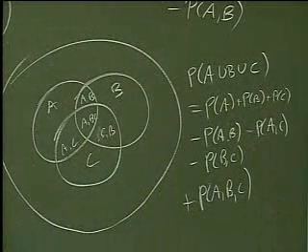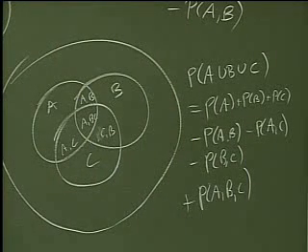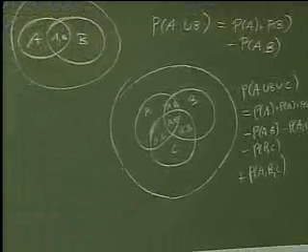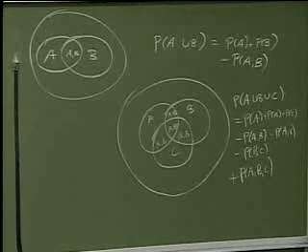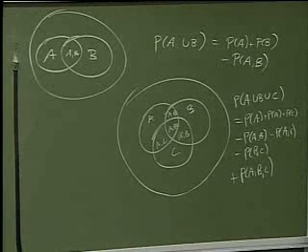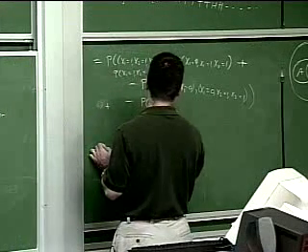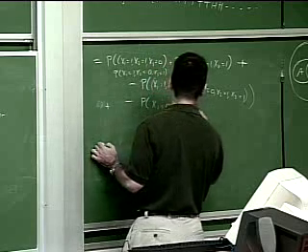Which equals, plus, following the same order: x1 equals 1, x2 equals 0, x3 equals 1. Minus this, minus the probability x1 equals 0, x2 equals 1, x3 equals 1.